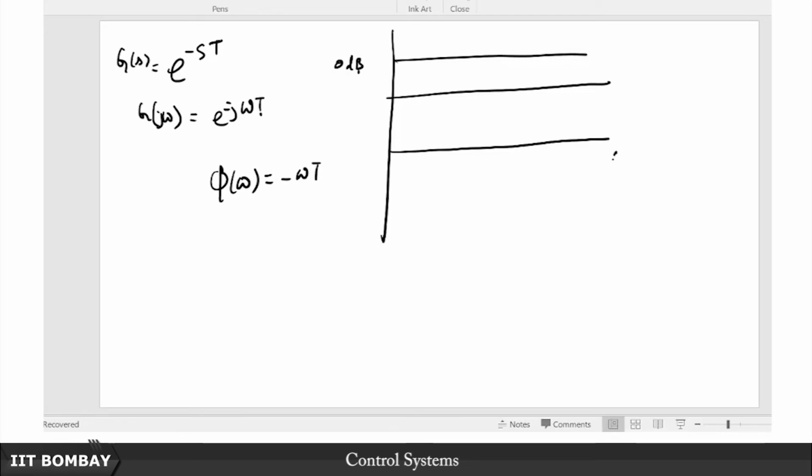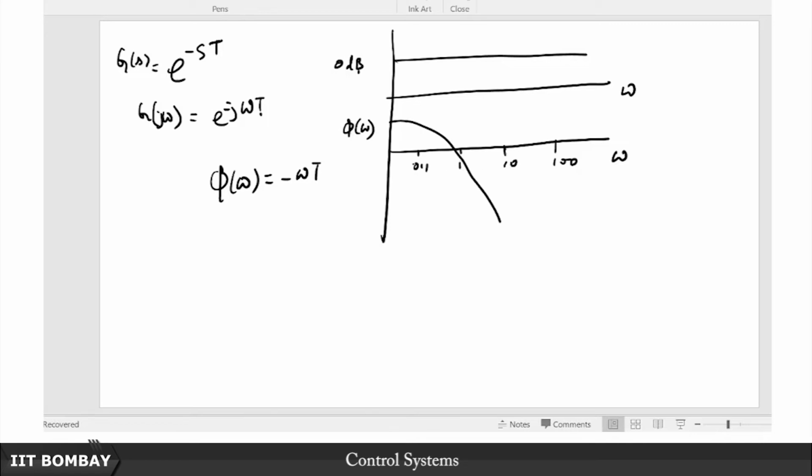But remember, we have already made this a logarithmic scale. So this is, let's say, 0.1, this is 1, this is 10, this is 100. So this is not evenly spaced. In the linear scale, this would be a straight line, but in the logarithmic scale, phi omega will go very fast, because the amount of change from going from 0.1 to 1 is much less than the amount of change from going from 1 to 10.